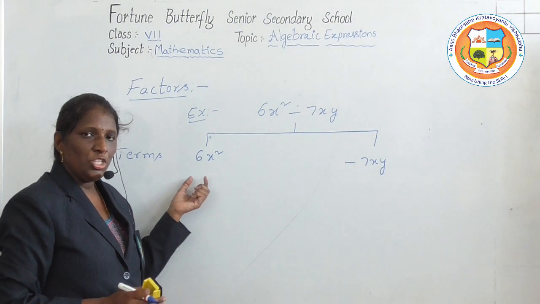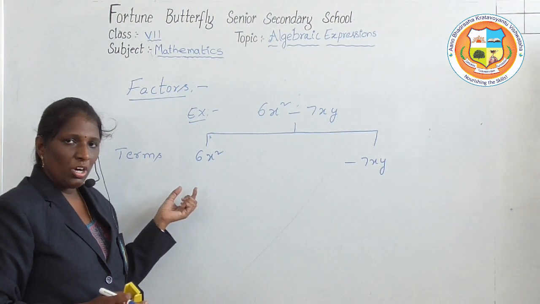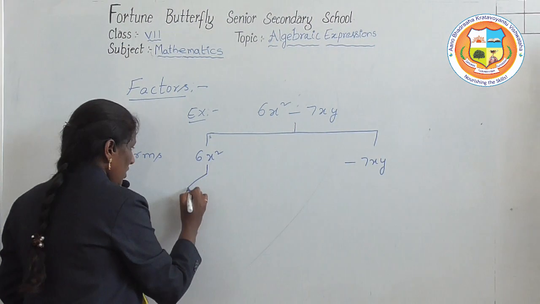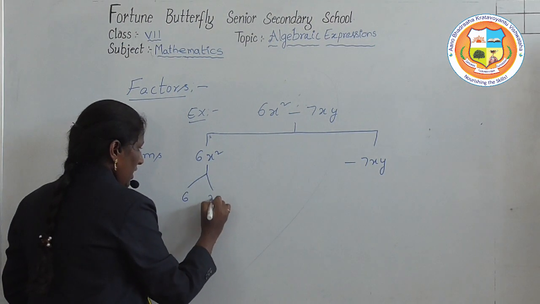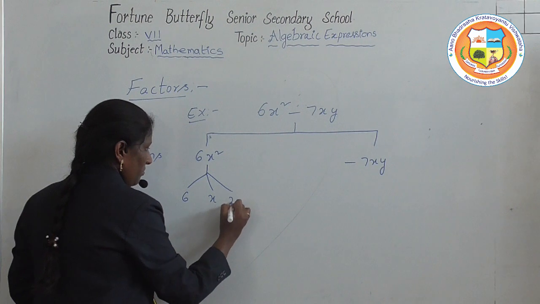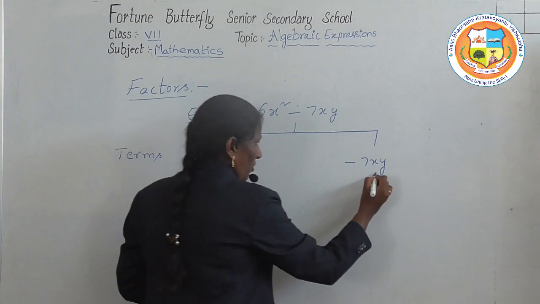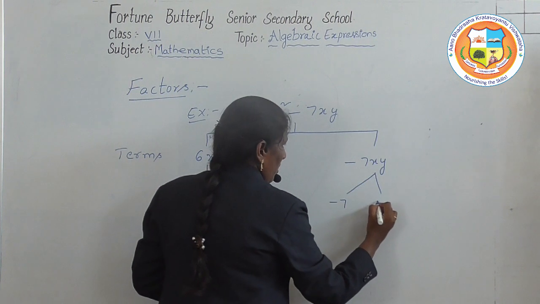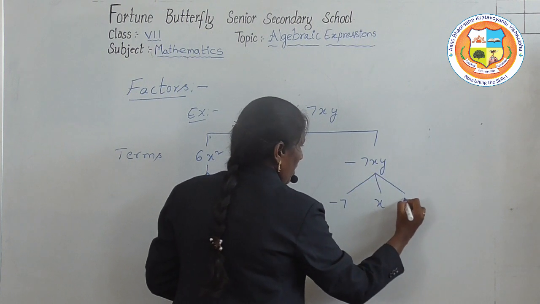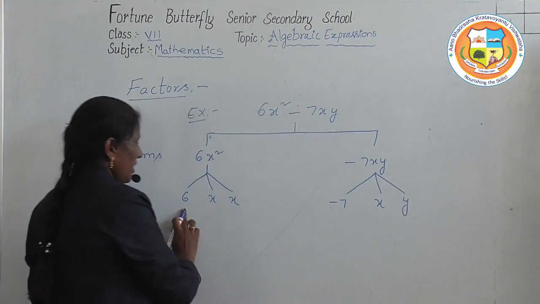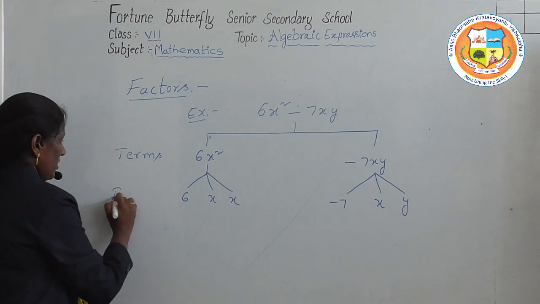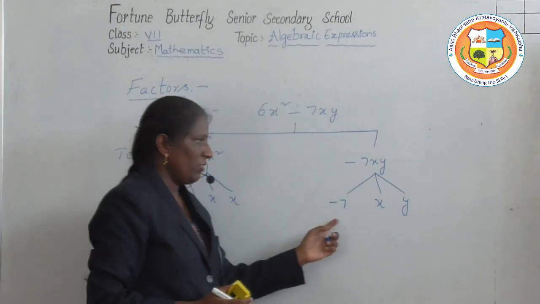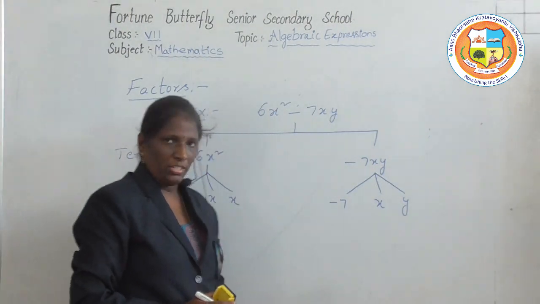Each one is called a factor of the product. Now 6x square is written as 6 into x into x. Here also minus 7 and x and y. This 6x is a factor. Minus 7xy is also a factor.